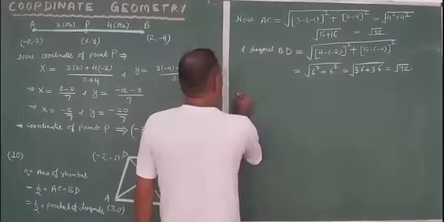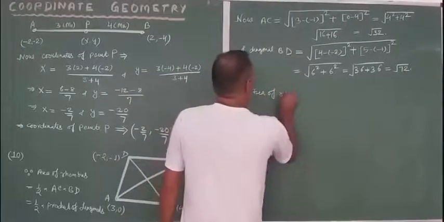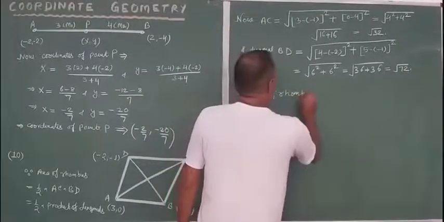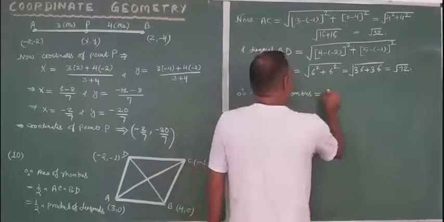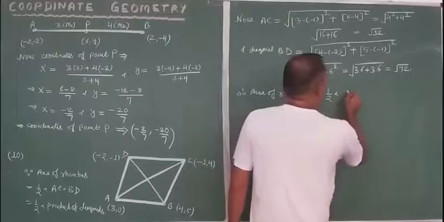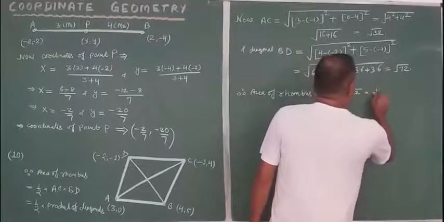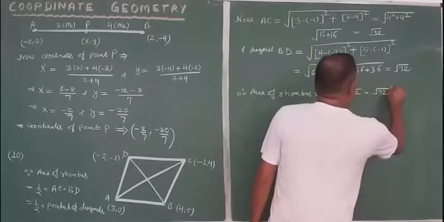Now, therefore, the area of rhombus will be given by half into the product of diagonals. One diagonal is under root 32 and another is under root 72.